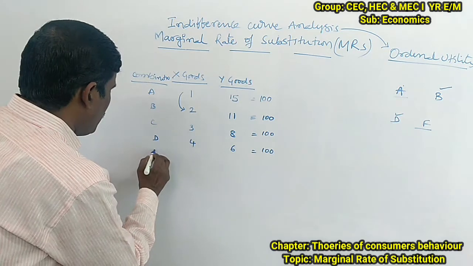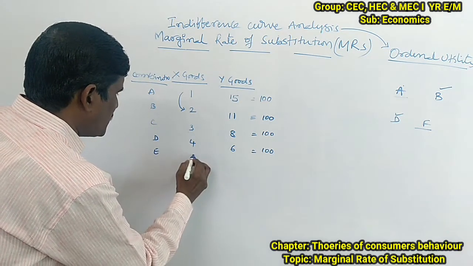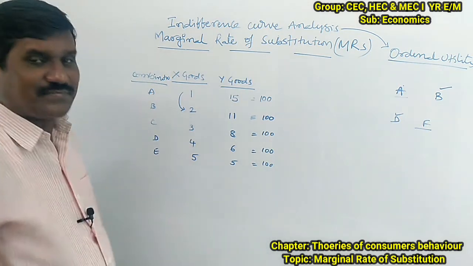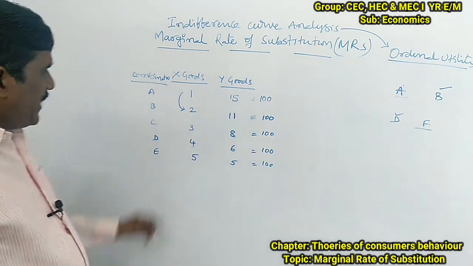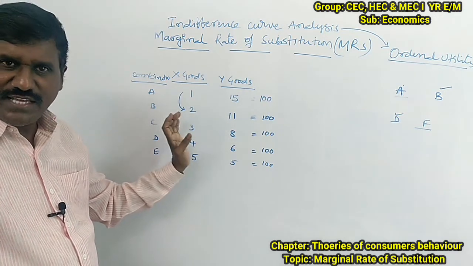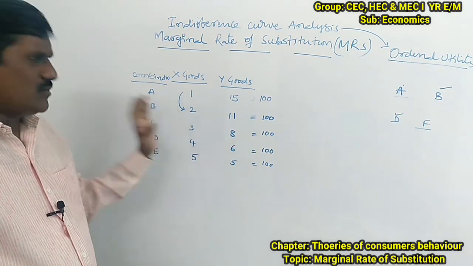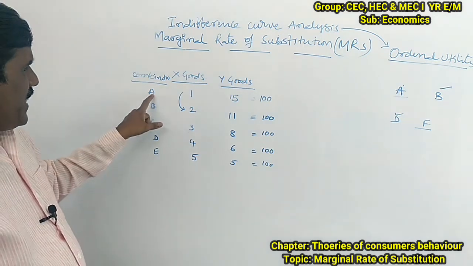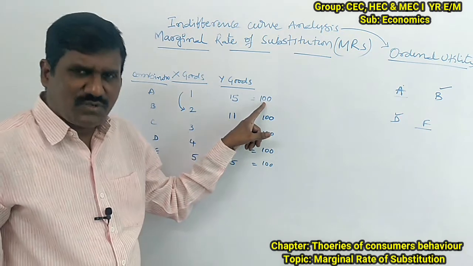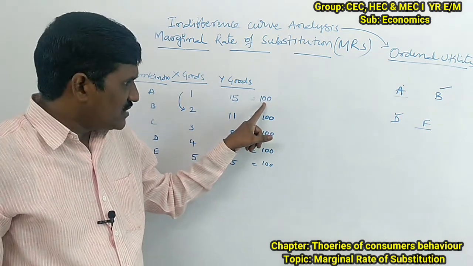And the last one, E, is also 5 and 5, and here is also 100. What does that mean? Y is a substitute for x. Try to understand. A gives the same units of satisfaction, 100, same 100.